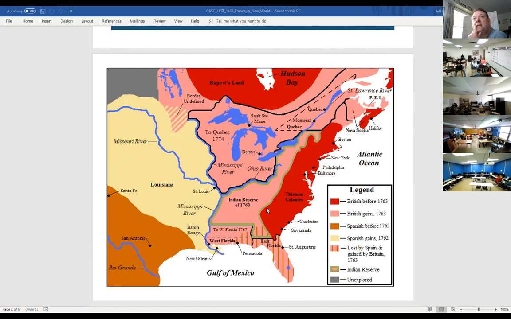Here you can see the British gains. So with more territory, the colonists in the New World wanted to continue or to pick back up with their migration westward.